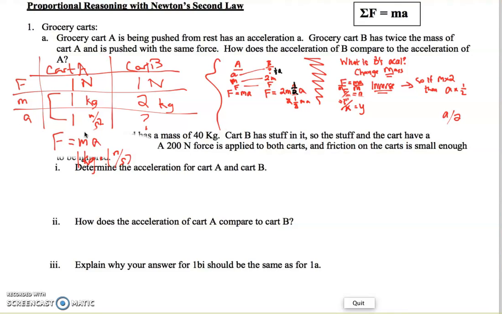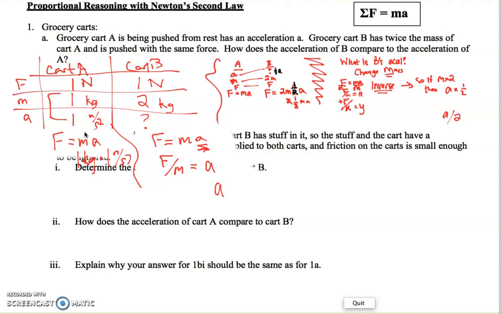So I would go ahead and write down my F equals ma over here for cart B. Now I want to find the acceleration, so I'll solve for acceleration. Acceleration equals force over mass. I'm doing that with letters algebraically so that I know what I'm doing and so that someone who's looking at my work knows what I'm doing. And then I'm going to take the force, which is 1 Newton, and divide it by the mass, which is 2 kilograms.